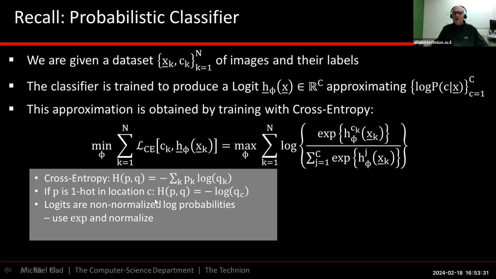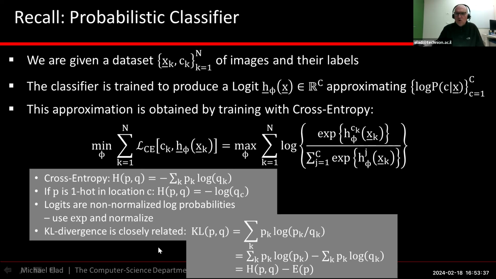Now, if you are wondering about the cross entropy, this is something that is commonly used in training classifiers, and it is tightly connected to Kullback-Leibler. For you, it might be more intuitive to think, let's make the Kullback-Leibler divergence between these two distributions minimal. Well, think about it. What do we do here? Kullback-Leibler between two probabilities is p_k times log of p divided by q.